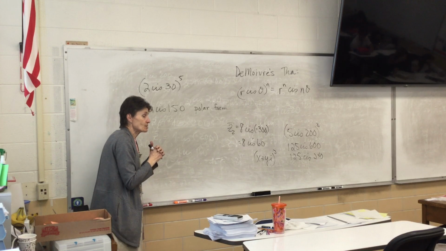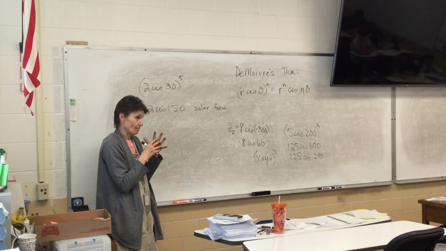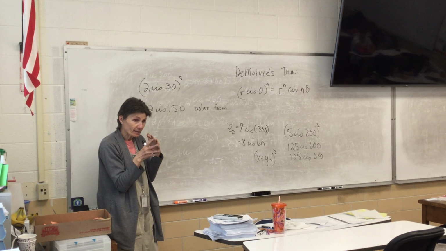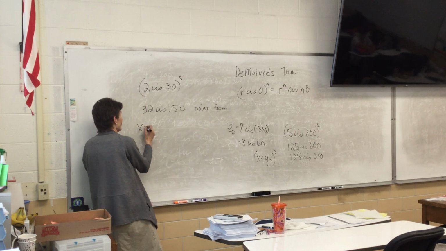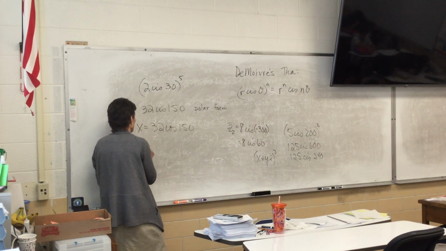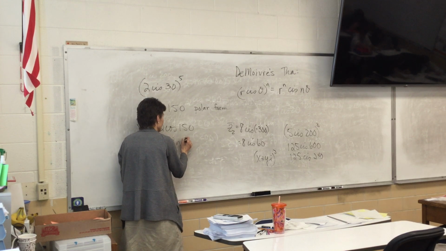I am to answer in exact rectangular form, which means x and y. So x equals 32 cosine 150, and y equals 32 sine 150.